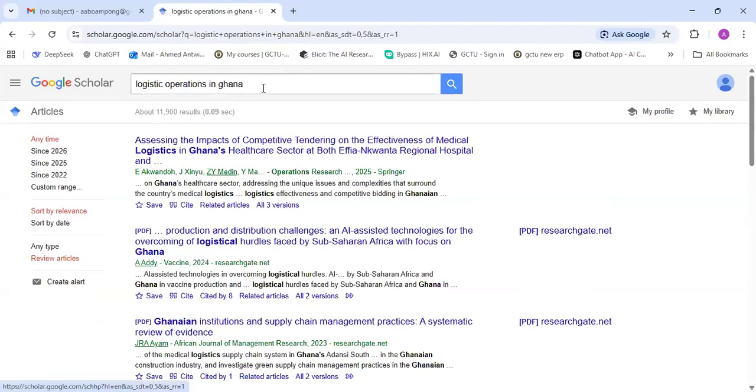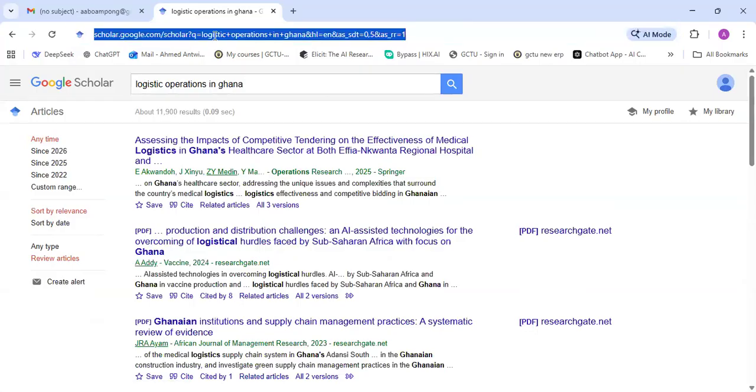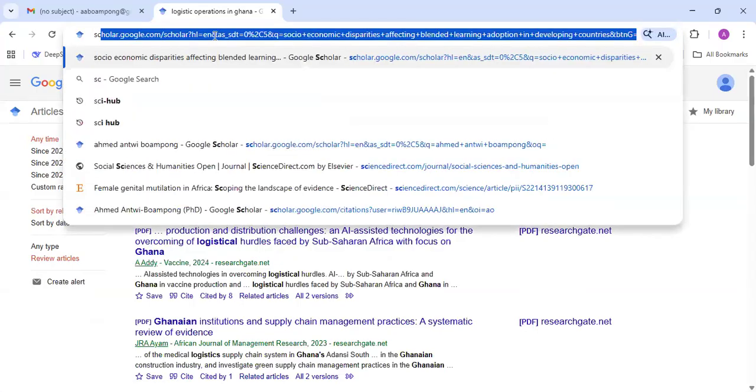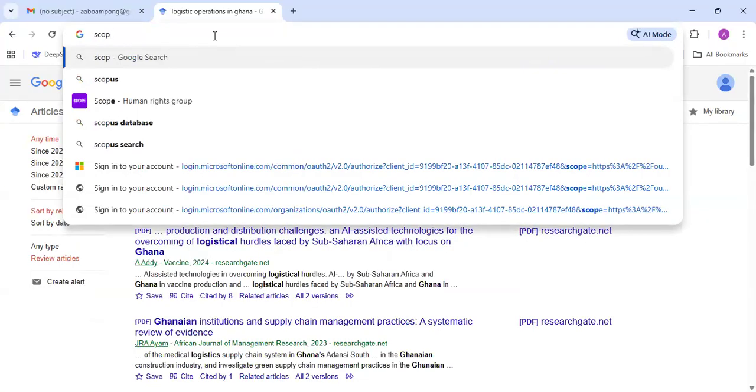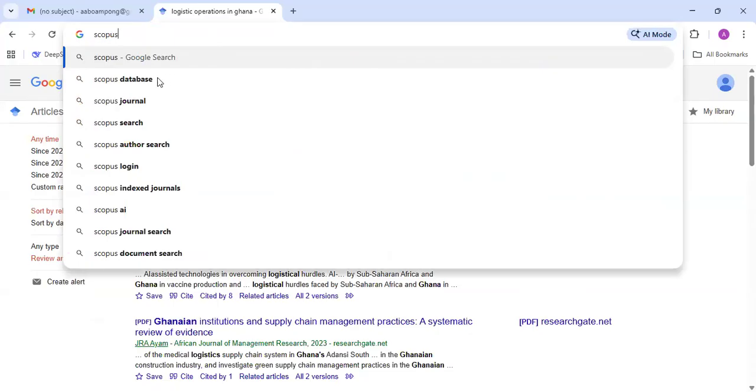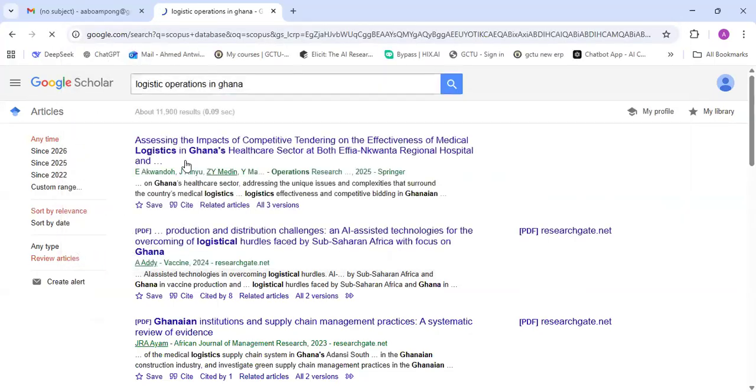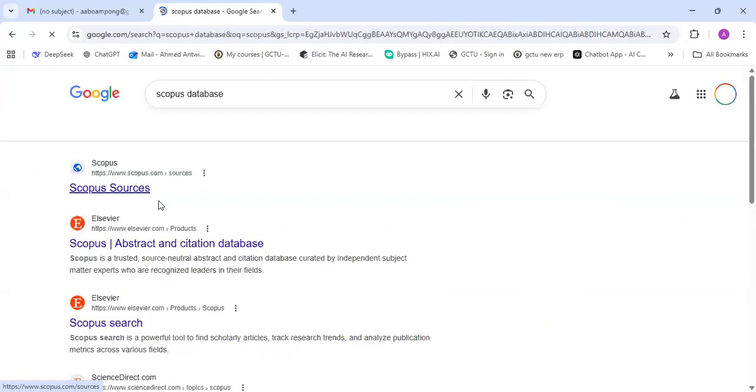So that is it with Google Scholar. Then there is also Scopus. Here you find the Scopus database, where there are a lot of journals.